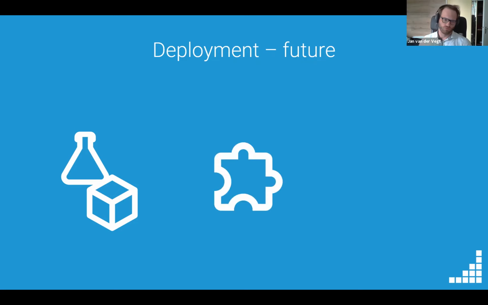Deployment, there's going to be much tighter integration with regards to infrastructure, monitoring capabilities, and all kinds of other tools that are important to get to the next level of maturity.